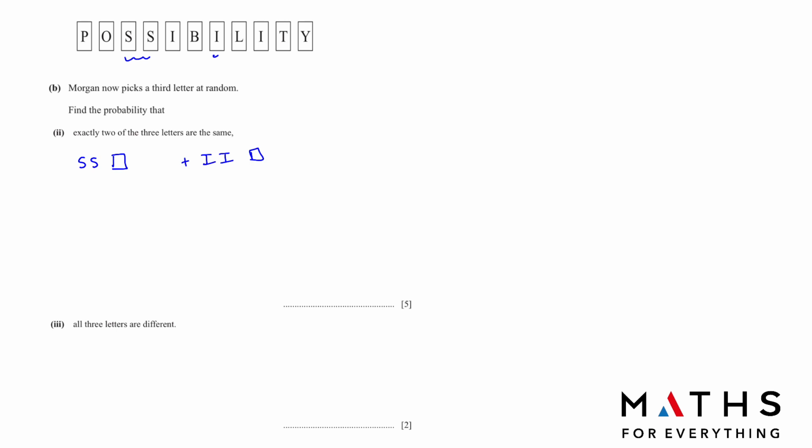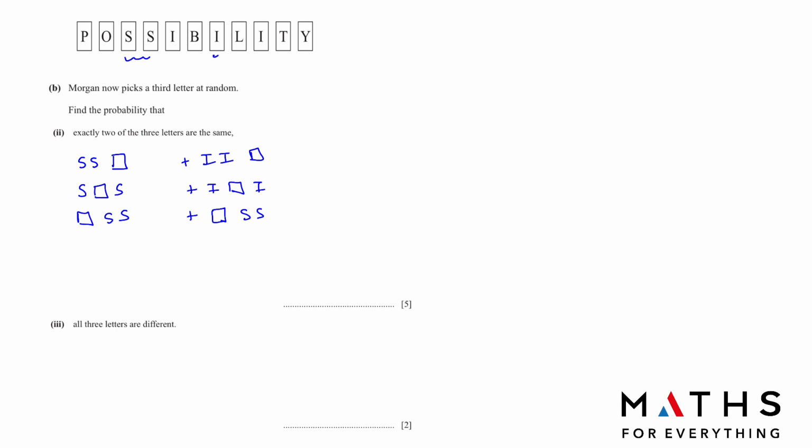Now this combination can be written in different ways. I can first pick an S, then any letter, then S. Or I can pick up any letter, then S, and then S. The same for I. That is something you need to understand very well.